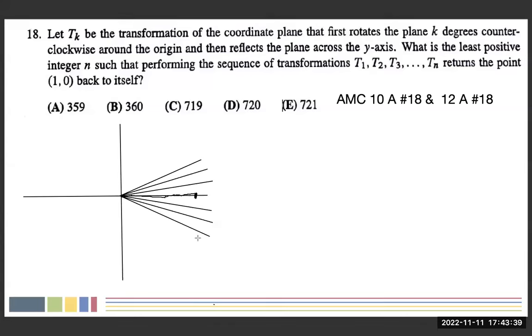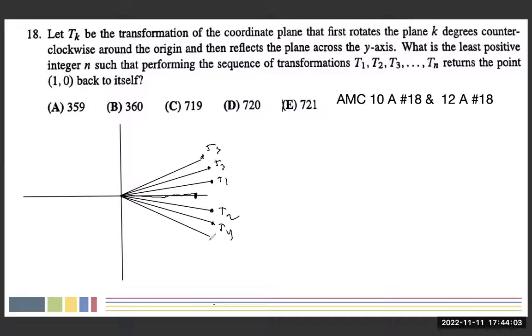And the only time it can return back to itself is when it reaches 180 degrees or 0 degrees, or 360, basically, right? Well, the first time it reaches 180, it's going to go like this. After T1, it ends up here. Then after T2, it ends up here. T3, it ends up here. T4, here.